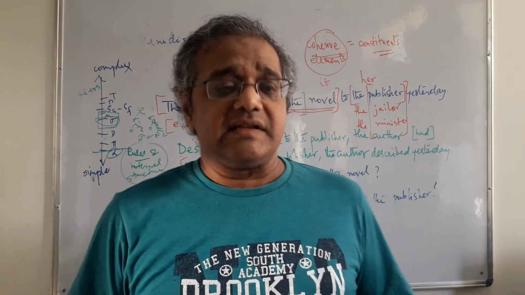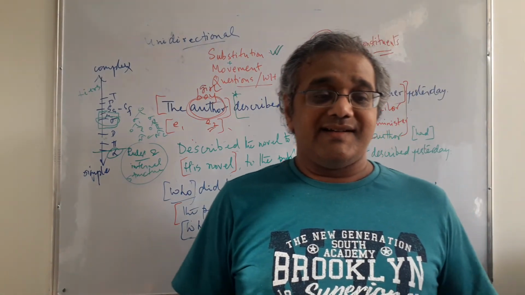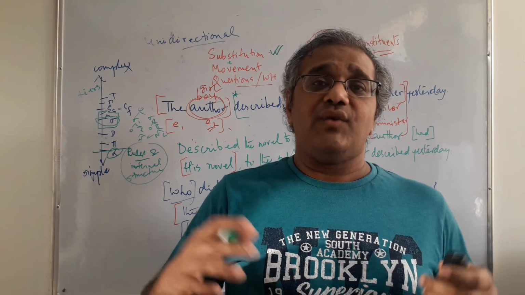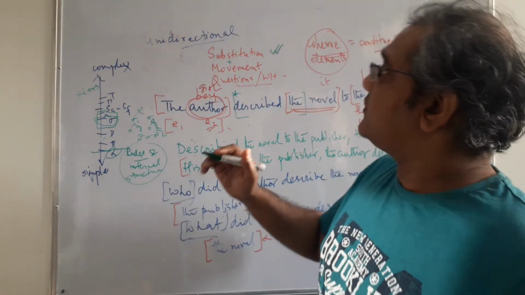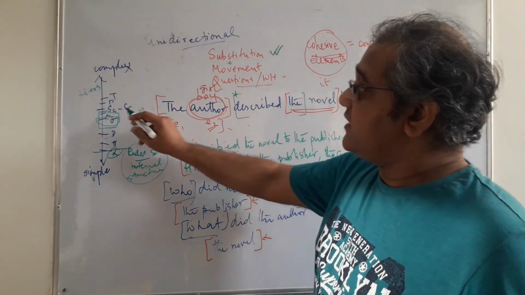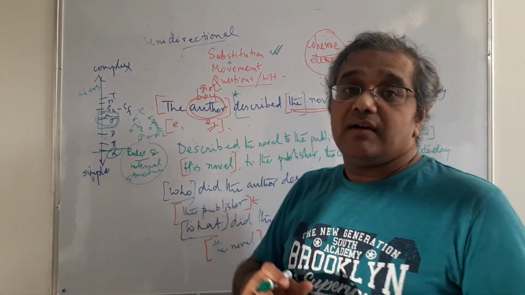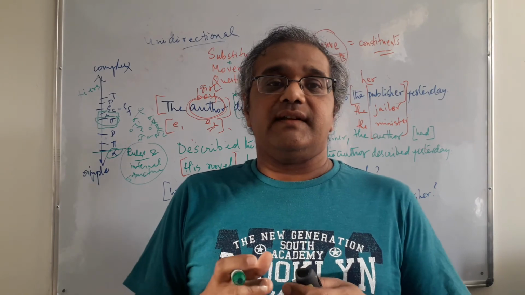Now, what does this lead us to? This leads us to a node-based system in which you have a binary division. Here we assume that every division will be binary.